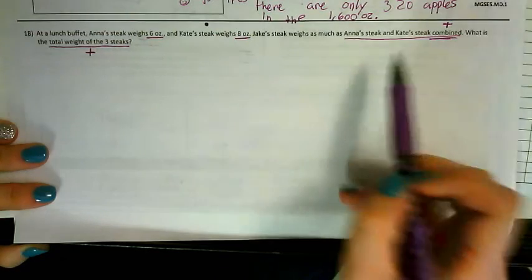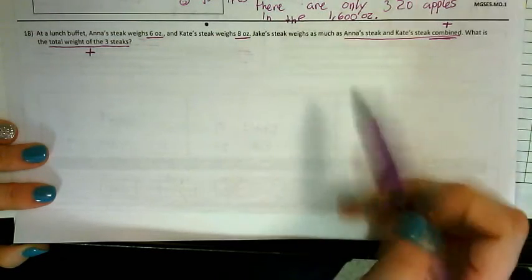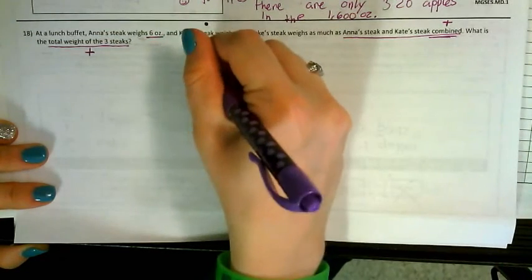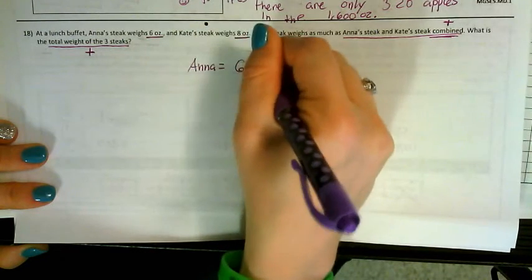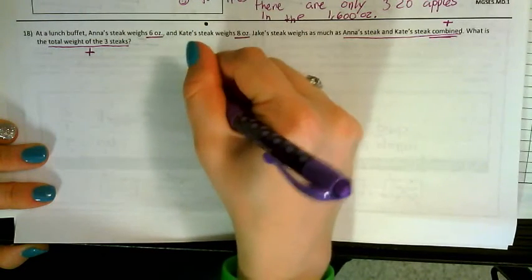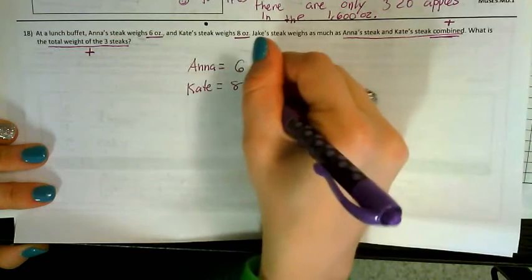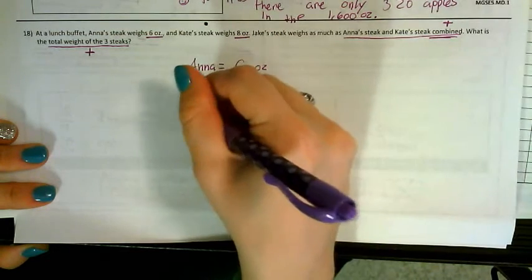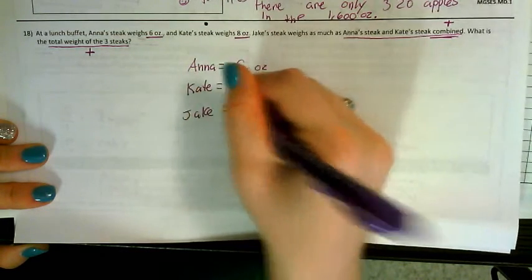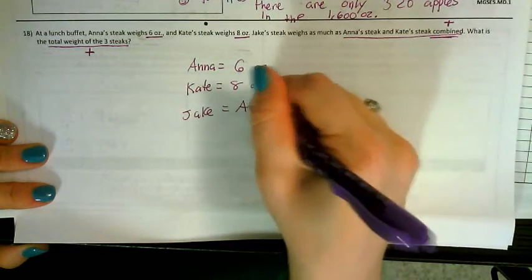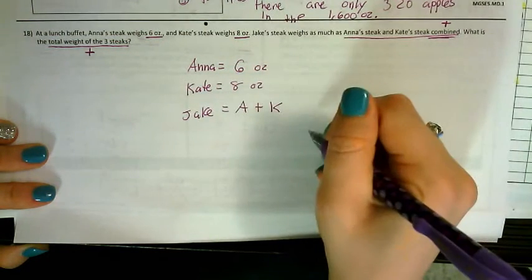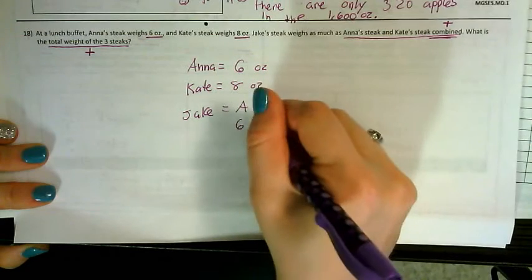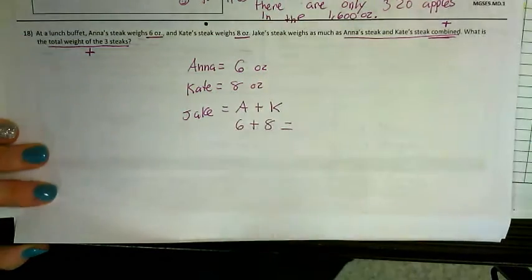So step 1 is I got to figure out what Jake's steak weighs. Anna's equals 6 ounces. Kate's equals 8 ounces. But Jake's is going to equal Anna plus Kate's, or 6 plus 8.